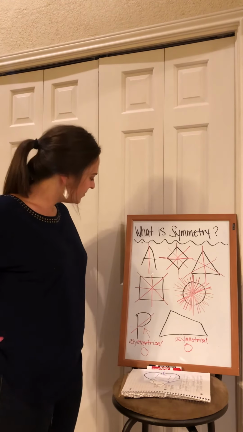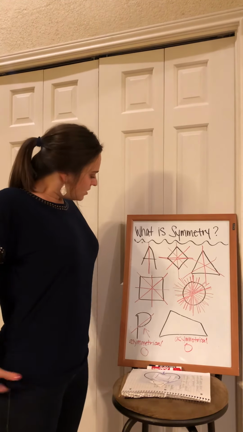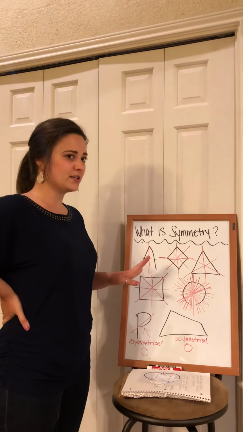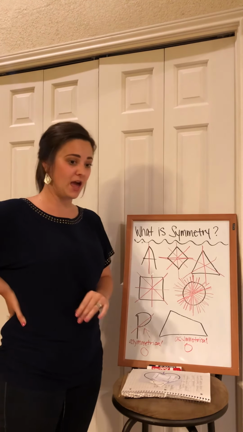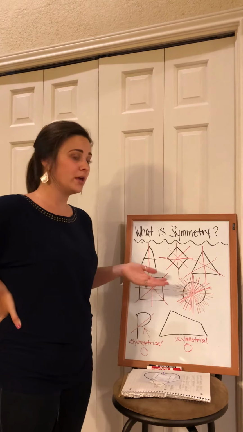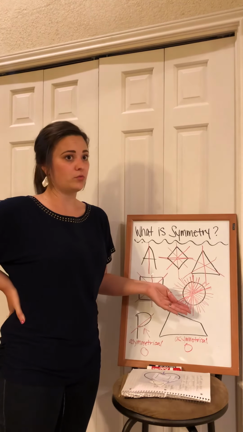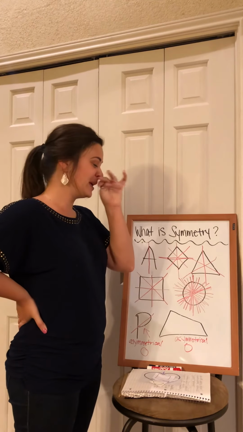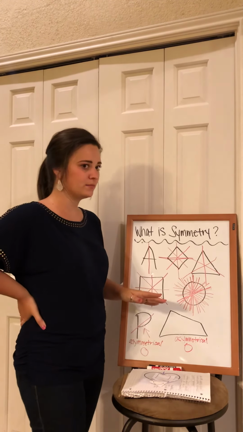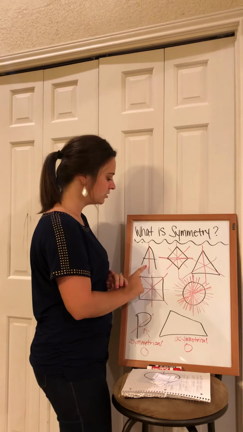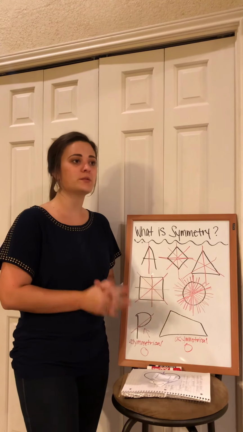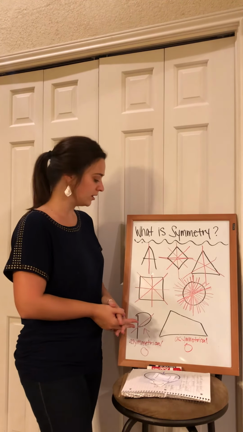So to recap, if an image can be split in half in 1 way, 2 ways, 4 ways, infinite ways, if it can be split in half in any way and have a mirror image, it is called symmetrical. Okay?